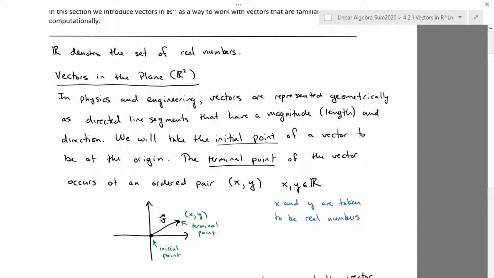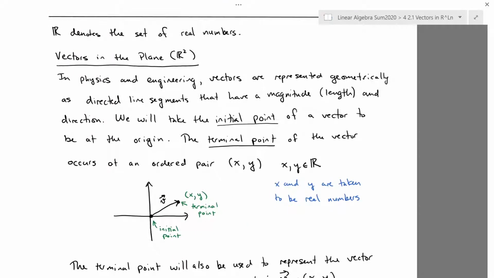In this course, we're going to take the initial point of the vector to always be at the origin, and the terminal point is at the other end of the vector, at some x and y coordinate, where x and y are real numbers.